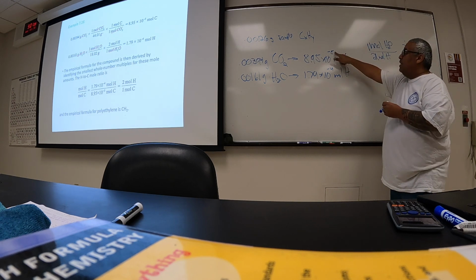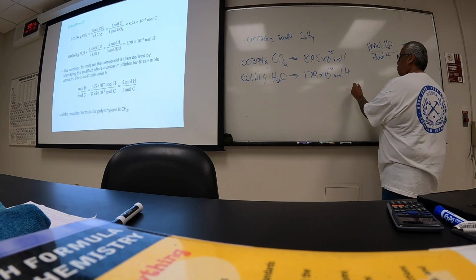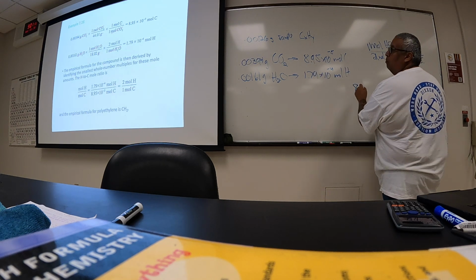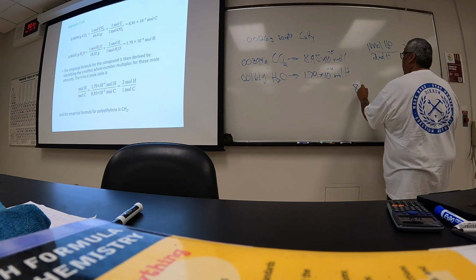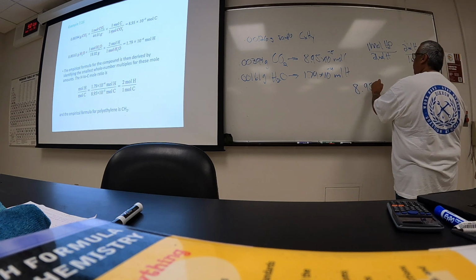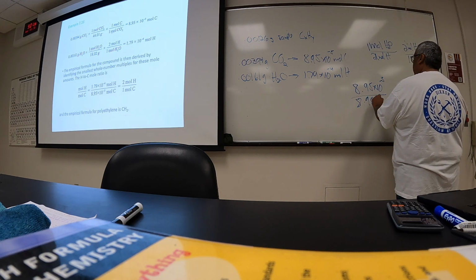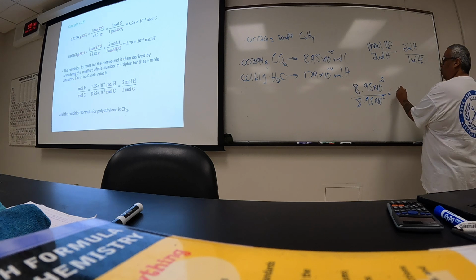So if I take this and divide it by this, we get 8.95 times 10 to the minus 5 divided by 8.95 times 10 to the minus 5, and this is equal to 1.